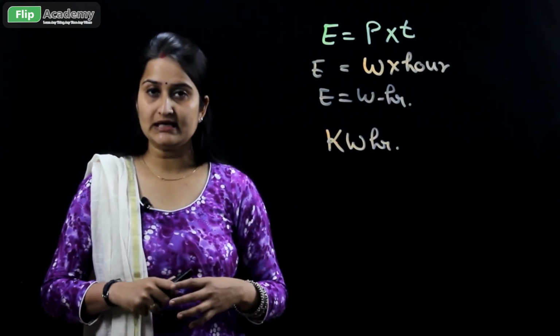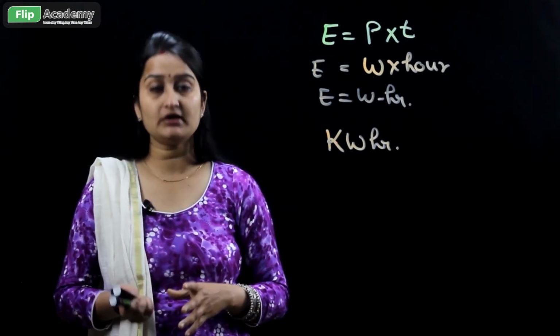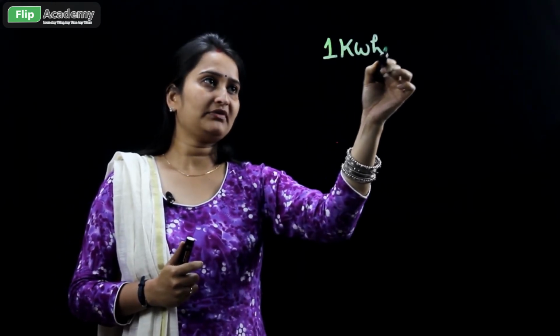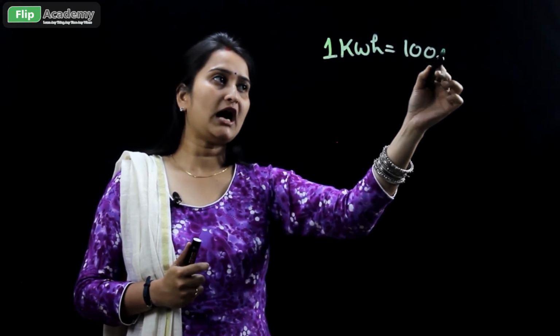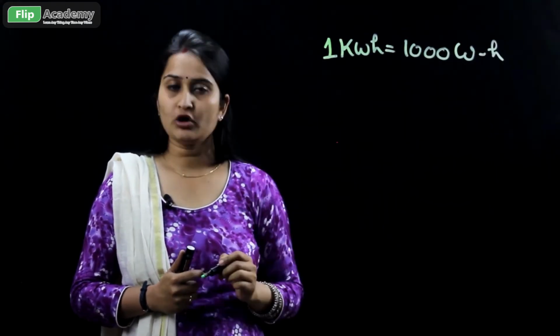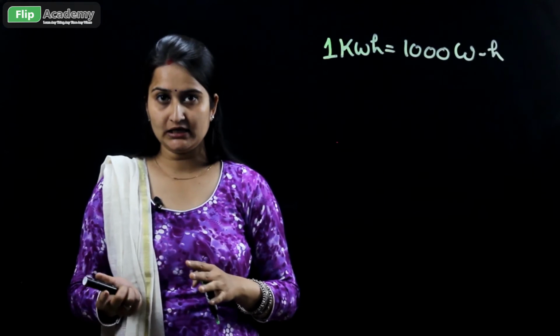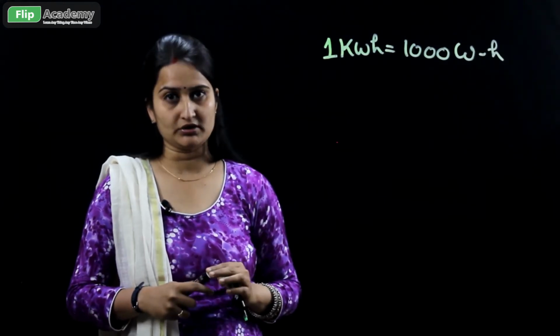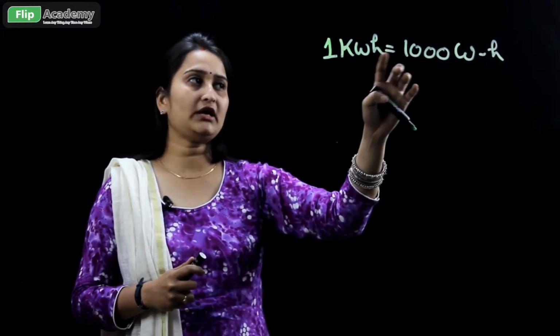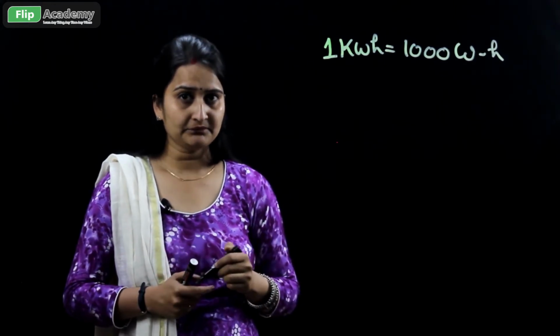Now let's see the relationship between kilowatt hour and joules. 1 kilowatt hour is equal to 1000 watt hour. I have already told you that 1 kilowatt is equal to 1000 watt. So 1 kilowatt hour is equal to 1000 watt hour.